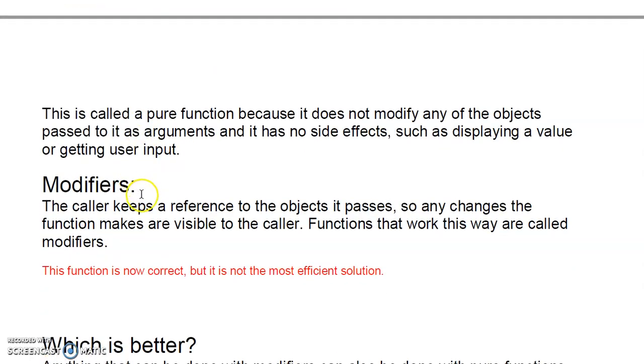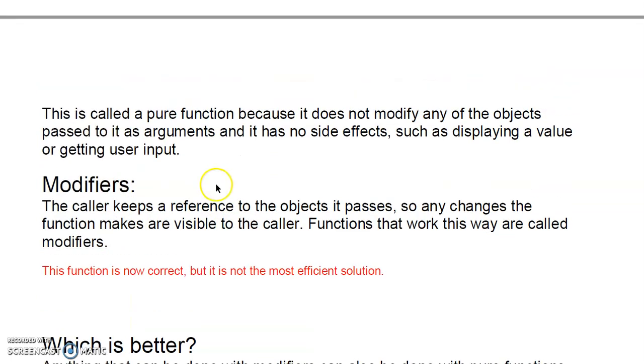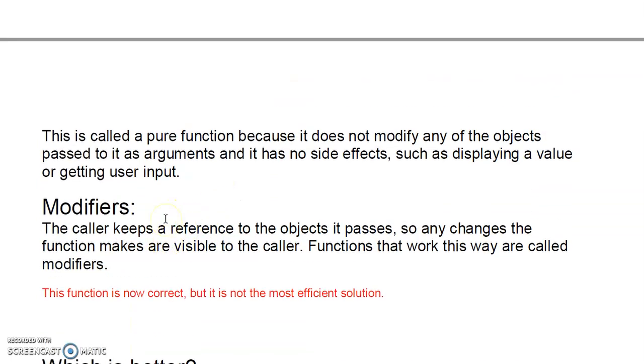But in modifiers, whatever we receive, we alter those contents, and that is reflected in the calling function. That is called a modifier. We will discuss examples of these two. The very important thing is that when we pass an object and the changes made in the function are reflected back on the original object, additional care is required when designing any problem.